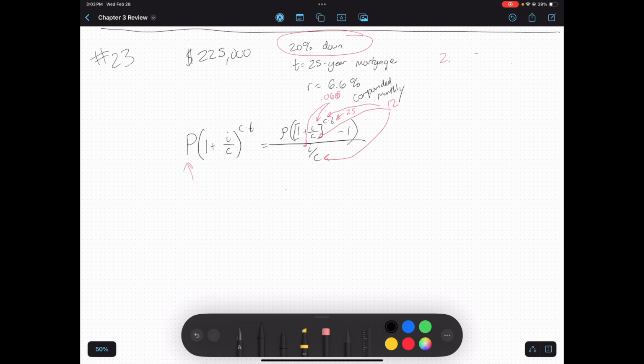I can calculate this straight out by just multiplying by, if I'm putting 20% down, then my loan is 80% of the 225,000. You can also do this by calculating what your down payment is by multiplying that by 0.20 and then subtracting that from 225. In either case, you should end up with 180,000. 180,000 is what my actual loan is going to be, and that's what goes in for P.